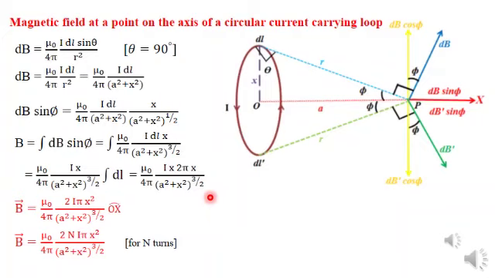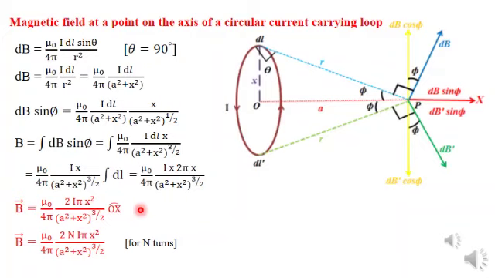Since only the axial component is existing, the magnetic field is along the axis of the loop, that is along OX. So vector B equals mu 0 by 4 pi, 2i into pi x square divided by (a square plus x square) whole raised to 3 by 2, into OX cap.